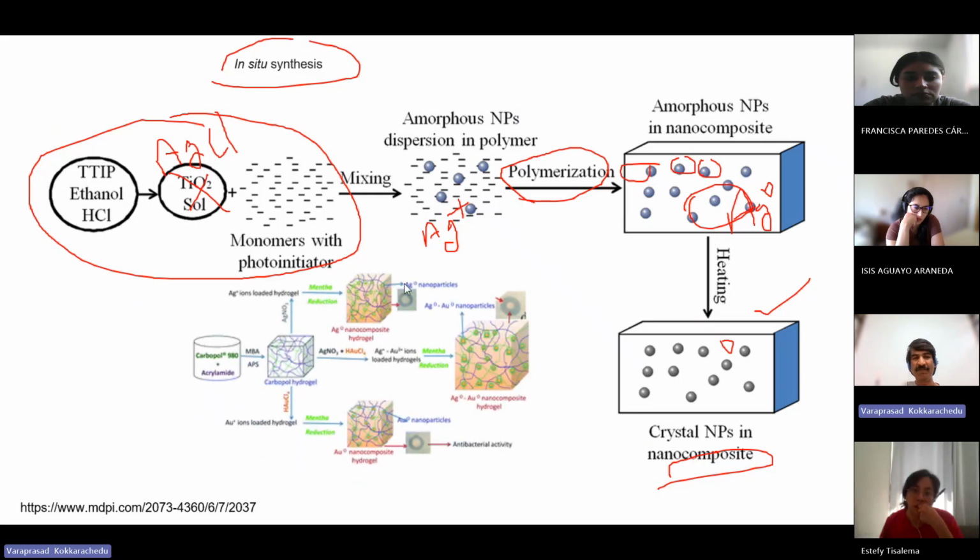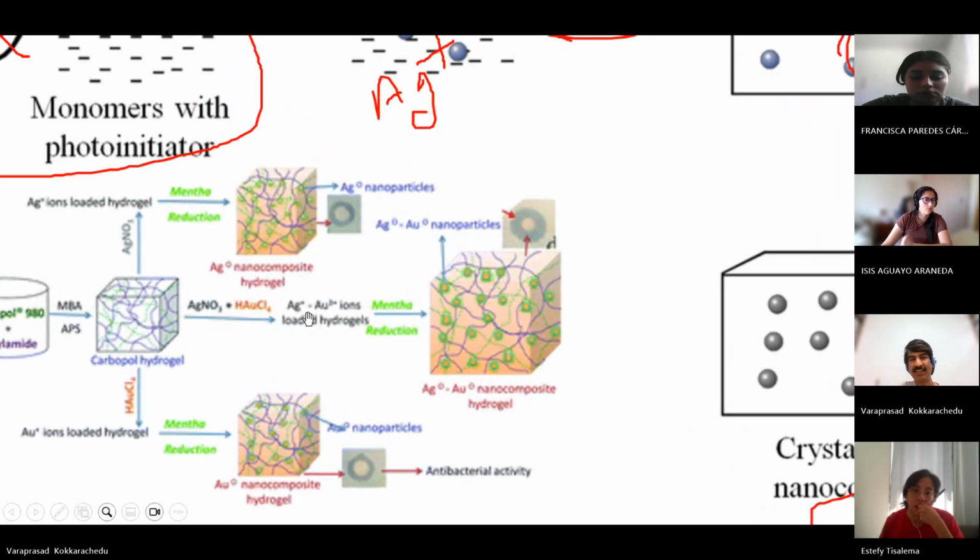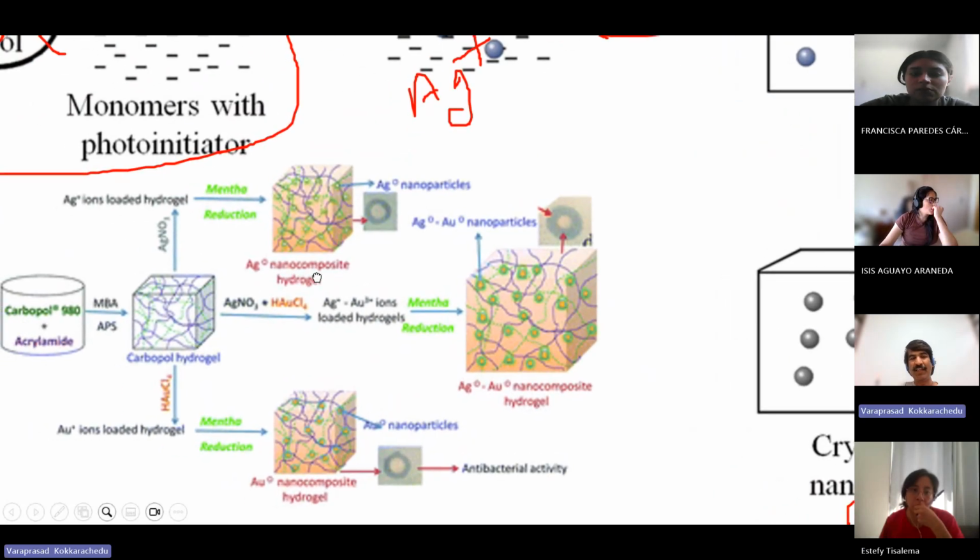For example, here we did some work. What will happen? This is a polymer matrix, they call acrylamide and carbopol polymers. And they added silver salt. This is a silver salt, and this is a gold salt.